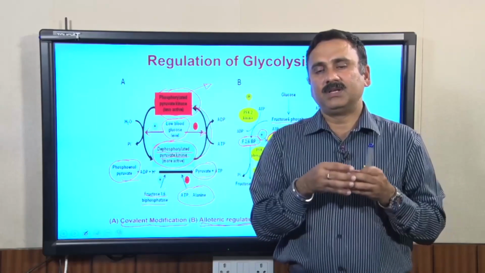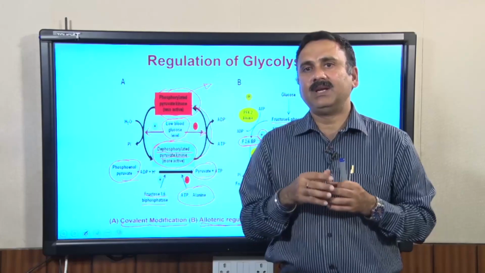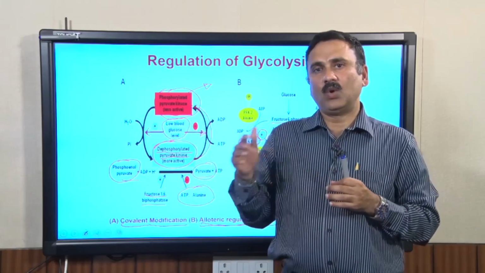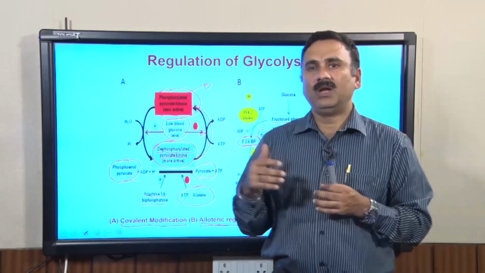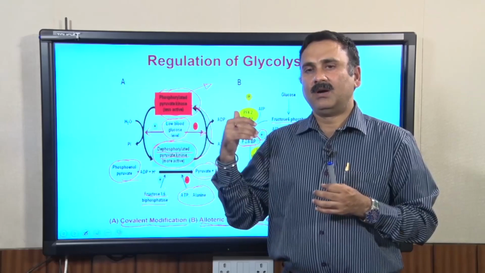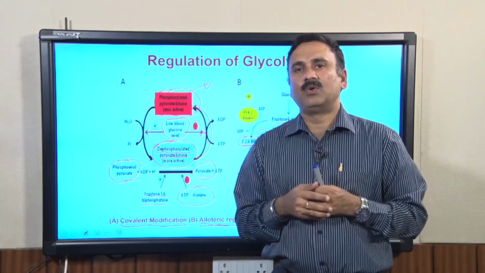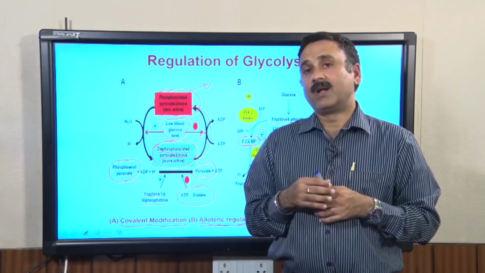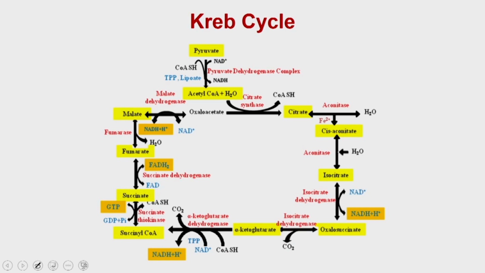This transport is never in the pyruvate form. The pyruvate gets converted into acetyl CoA, and then the acetyl CoA moves into the mitochondria and catalyzes the downstream reactions, and these reactions occurring inside the mitochondria are called the Krebs cycle. So, let us see what reactions are happening inside the Krebs cycle.